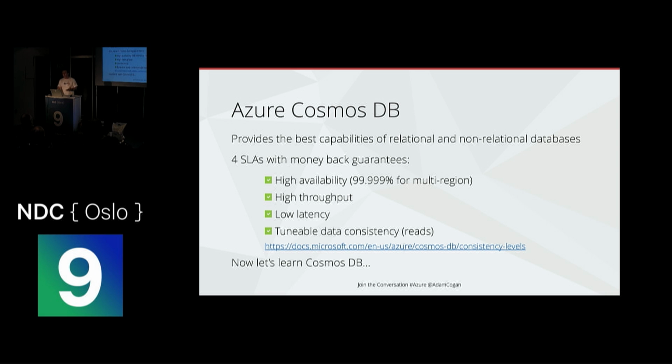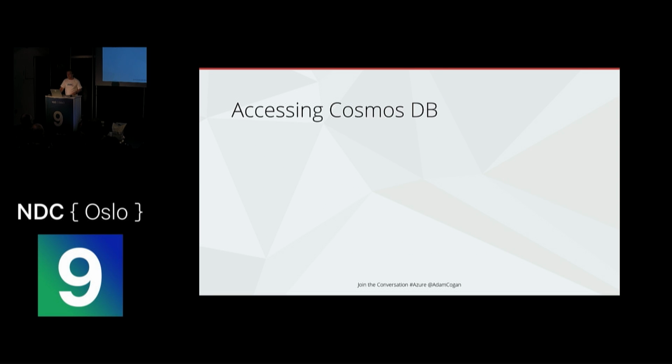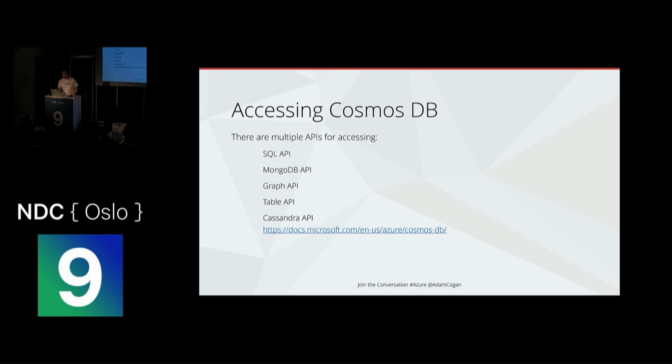So the only problem is Jason now needs to learn about using Cosmos. So to learn it, he's got to choose between one of these APIs: SQL API, MongoDB, Graph API, Table API, or Cassandra API. So there's lots.